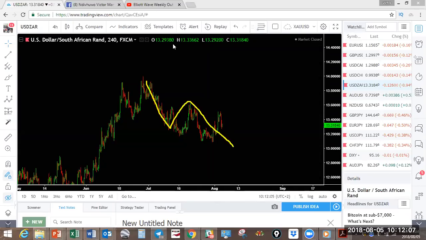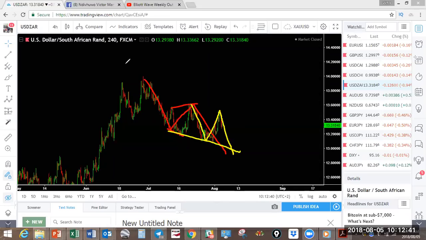So what you have here is these 3 waves there, an expanding flat, and here you may be making another 3 waves. You've got a possible expanding flat there, like that. And this is 1, this is 2, this is 3. Okay, and the last pattern could be a zigzag like that. It can be any pattern.